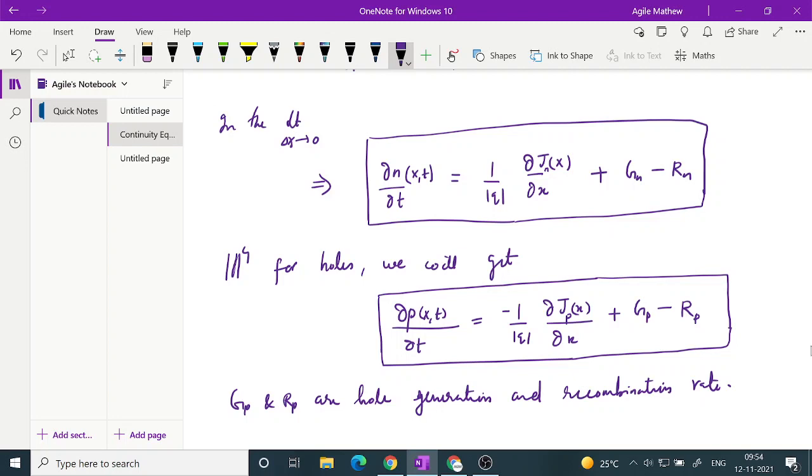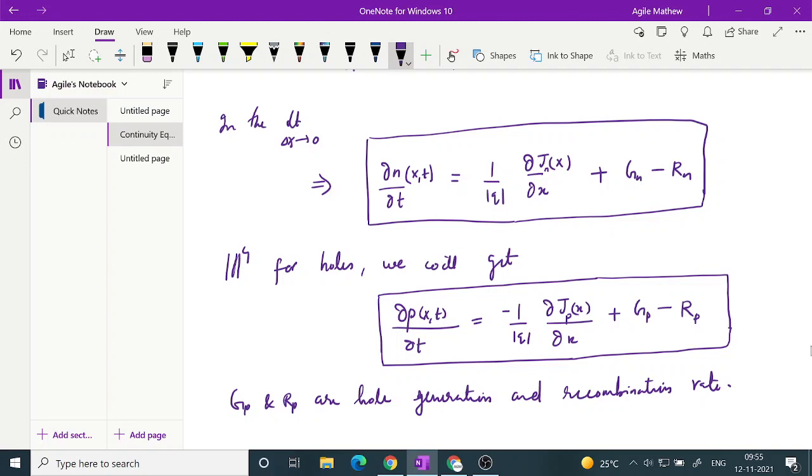One is that the current is not constant with respect to position. That means current is flowing more into that point, but what is leaving is less. So you can have a build-up of charge. If the current is not uniform, there can be building up of charge.